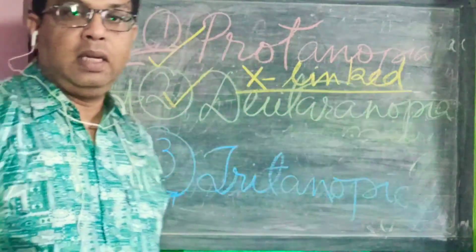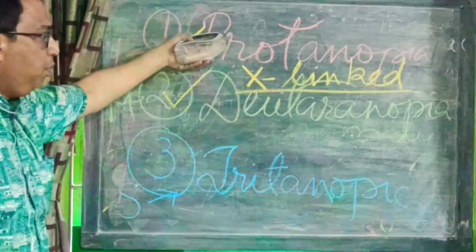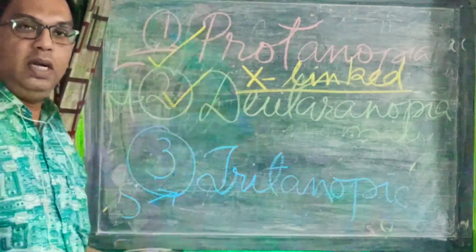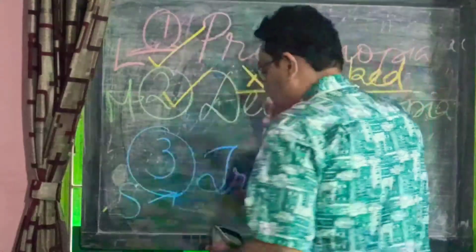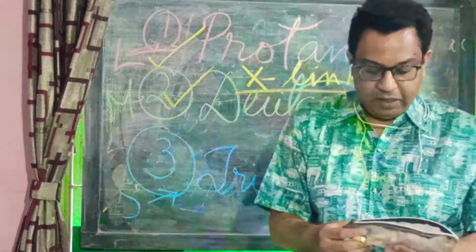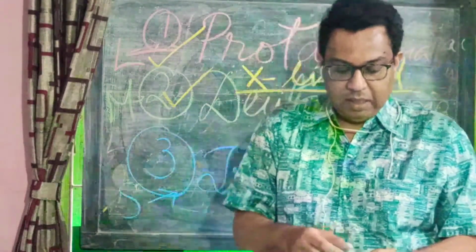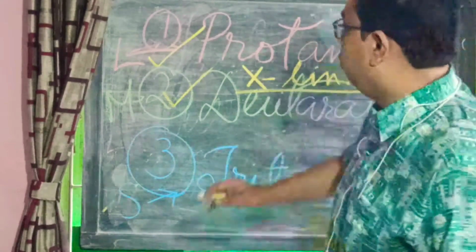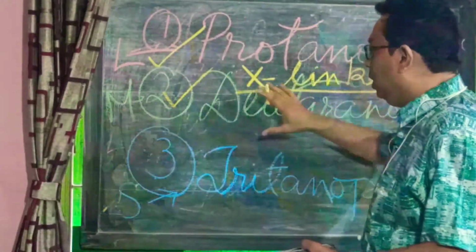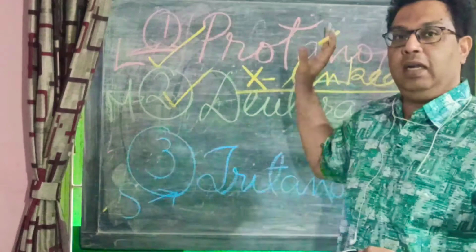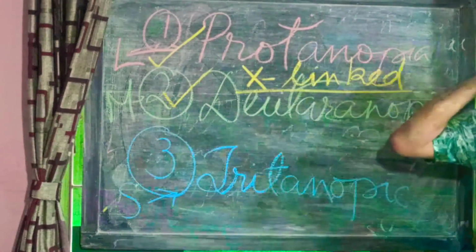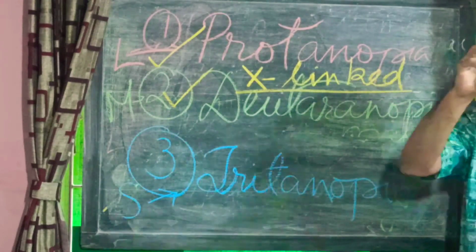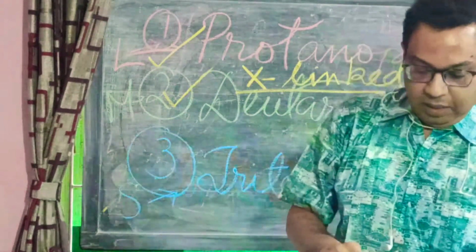So, protanopia and deuteranopia will only be expressed in males because the genes for the manufacturing of various proteins and the photopigment required for protanopia and deuteranopia are in the sex chromosome, the X chromosome, and males have a single X chromosome.